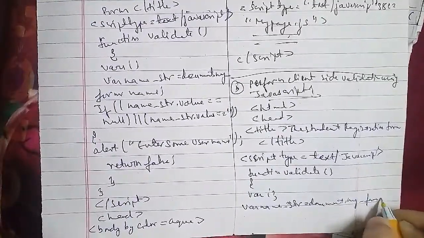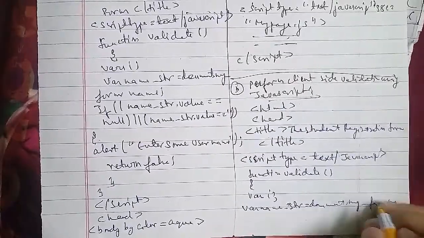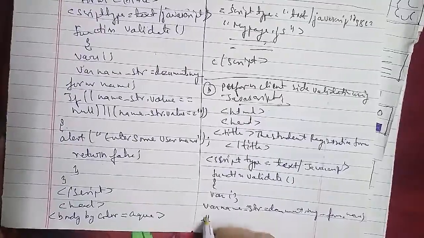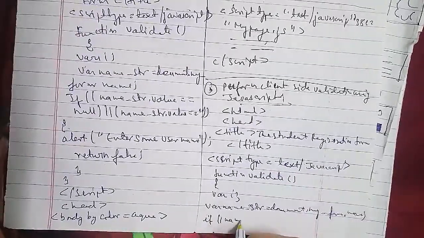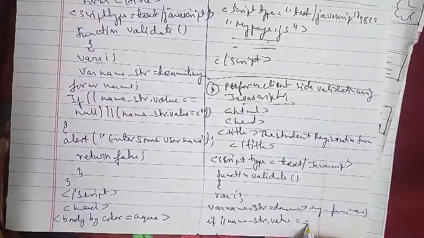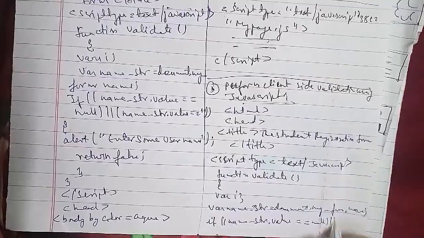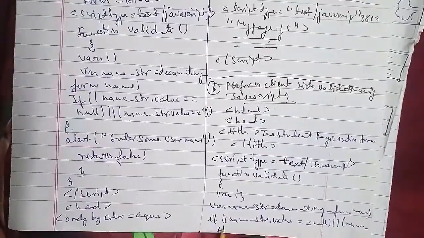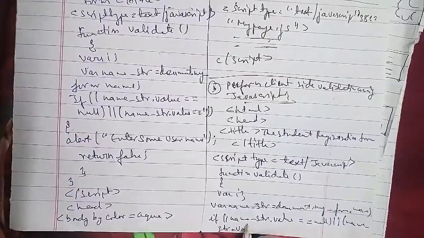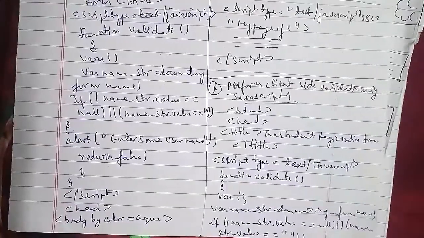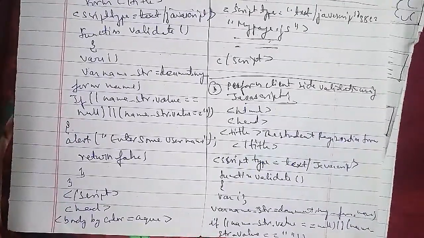Then if document dot myform dot password dot value equals to empty, then start another curly bracket, that is alert, enter password, return false.